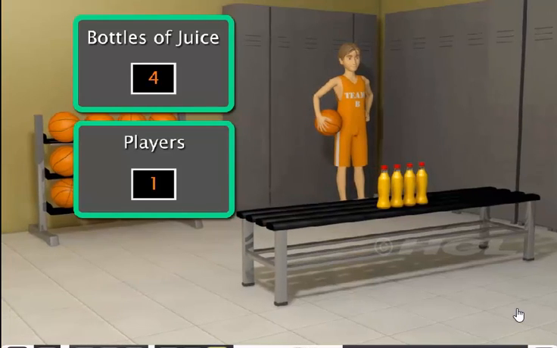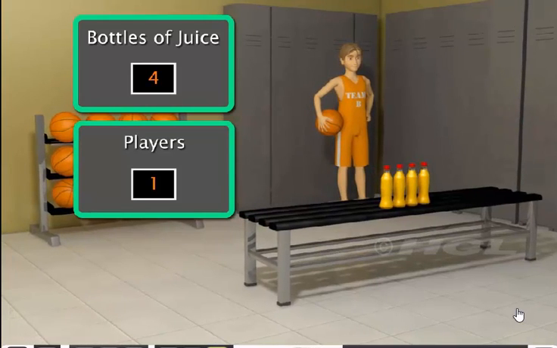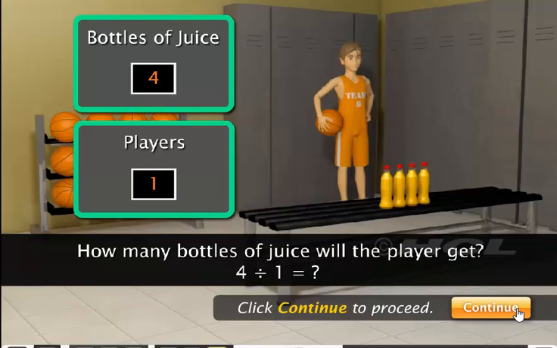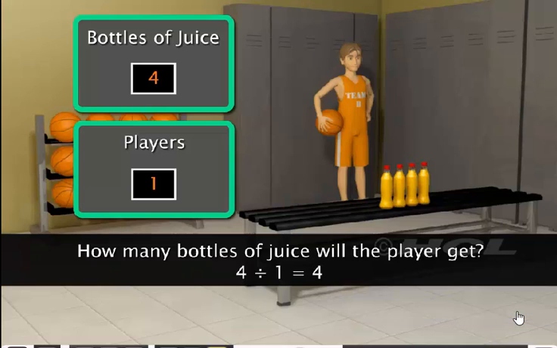Now, let's say there are 4 bottles of juice and 1 player in the changing room. How many bottles of juice will the player get? Since dividing 4 by 1 gives 4, the player will get 4 bottles of juice.